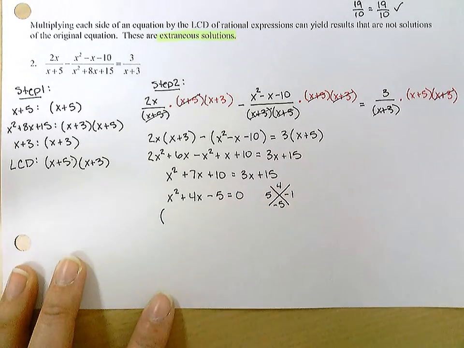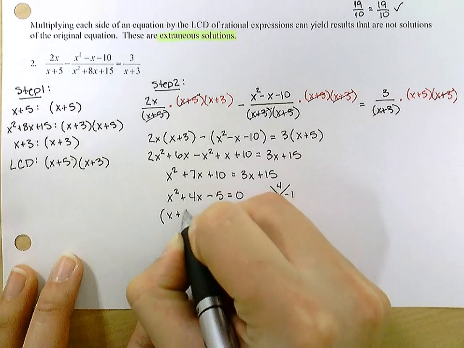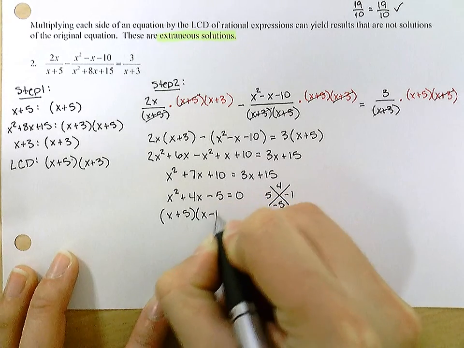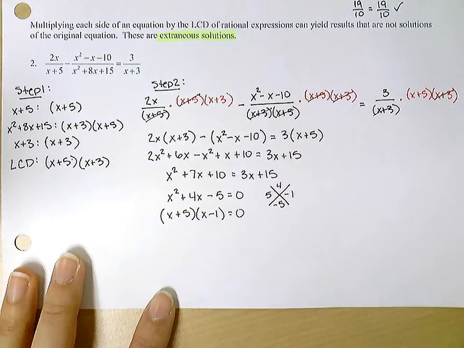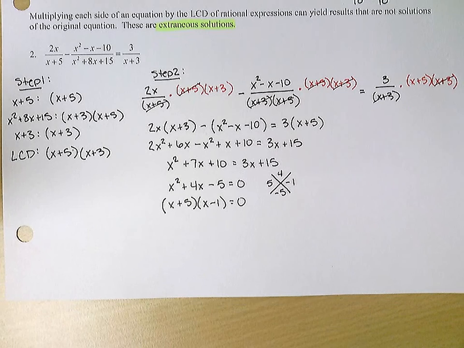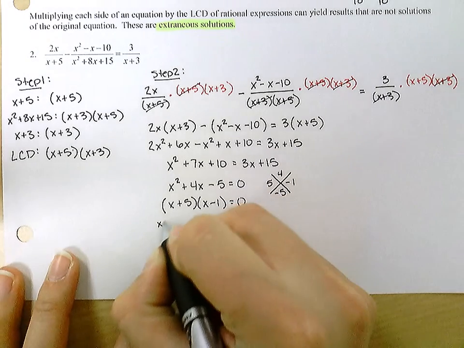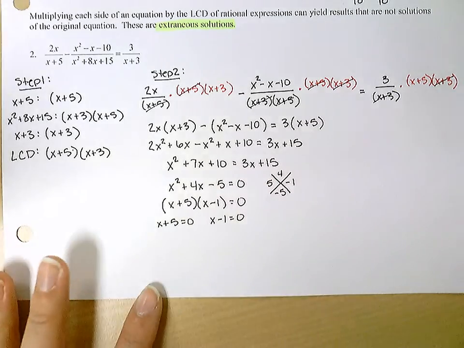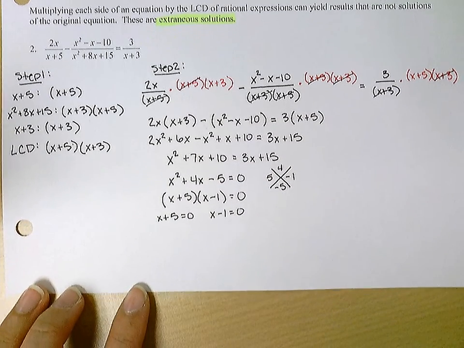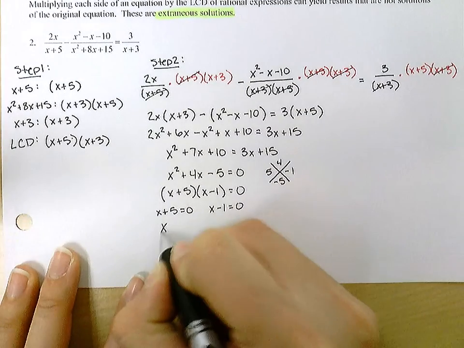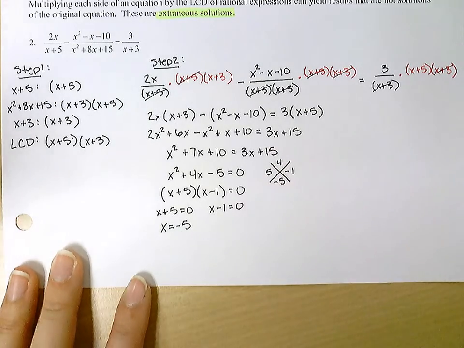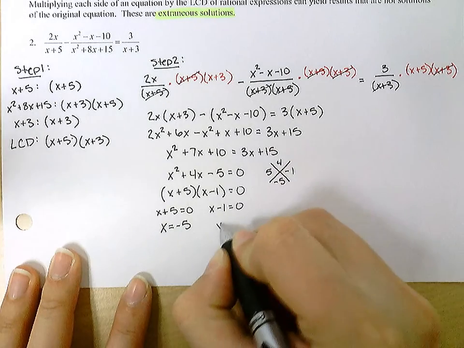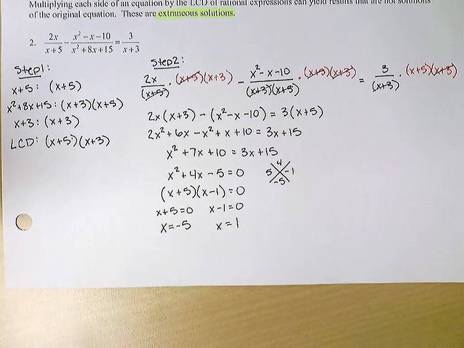So this would factor into x plus 5 times x minus 1 equal to 0. Once I factor it, I can set each of those quantities equal to 0. So x plus 5 equals 0, and x minus 1 equals 0. So x is negative 5, or x is 1.